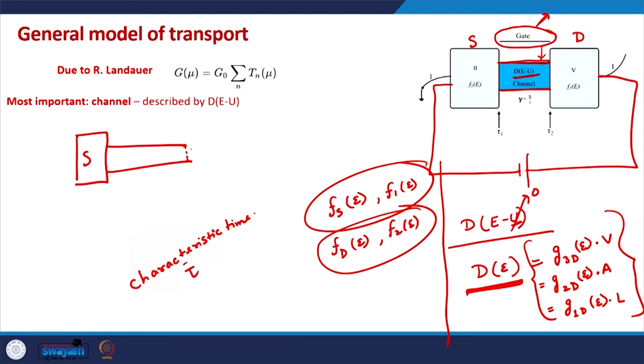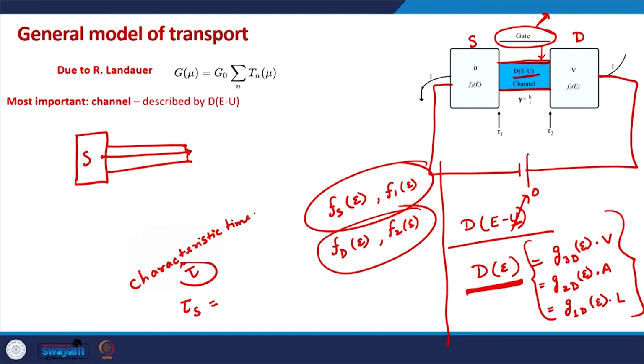At the moment we are not concerned about the drain contact. So, in this case the characteristic time of the source, tau s, will be the time that an electron takes from the source terminal to cross the channel to go to the other end of the channel. So, it is the time that the electron takes to jump from the contact to the channel and to cross through the channel.